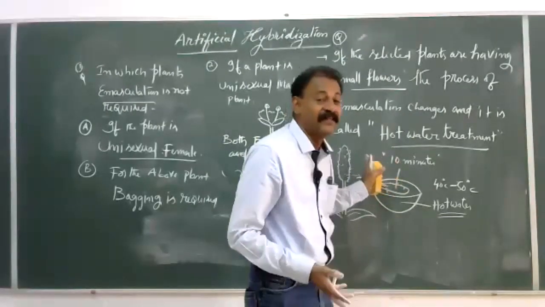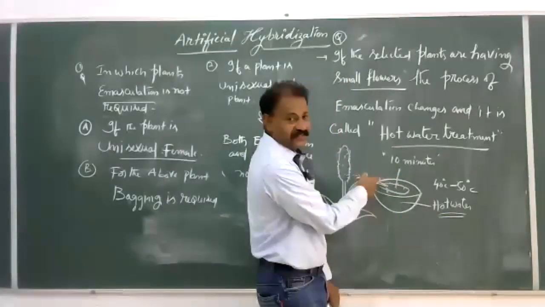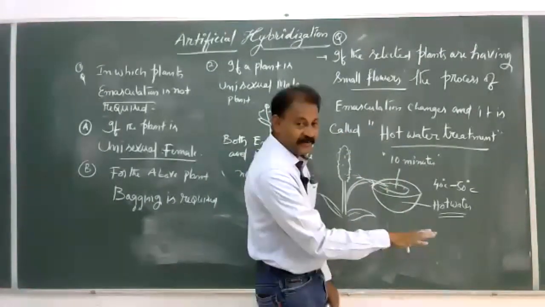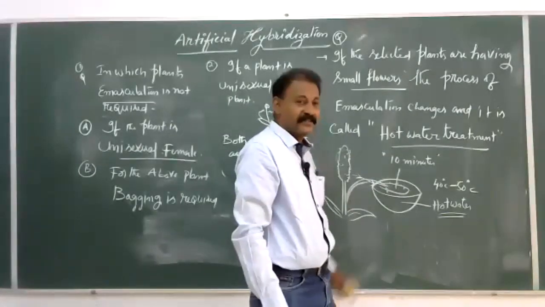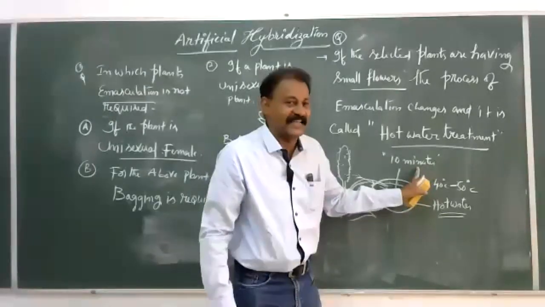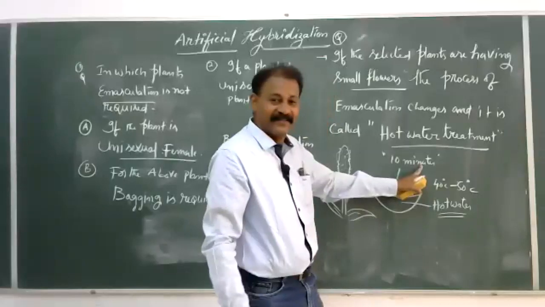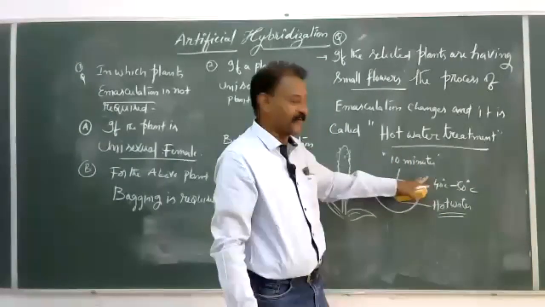They will not affect any fertilization process. So, hot water treatment is a process of inhibiting the pollen or male characteristic features. If you keep it more than 10 minutes, there is a chance that even the ovary will be affected and ovules will become sterile. There is no process of pollination or fertilization.